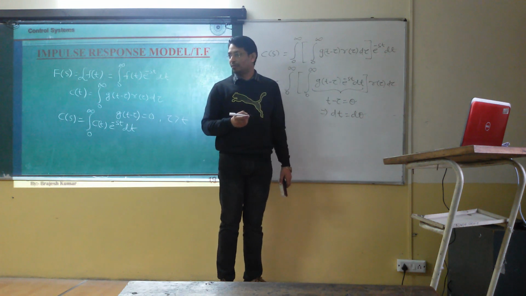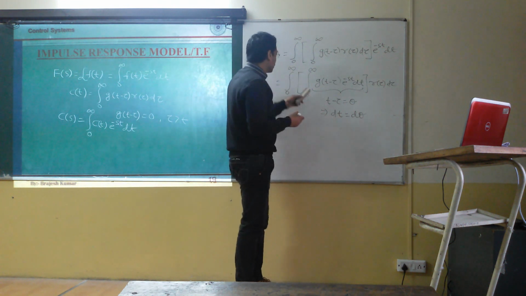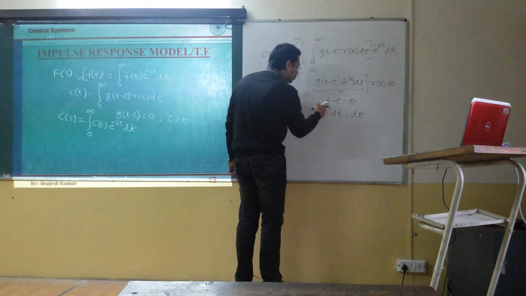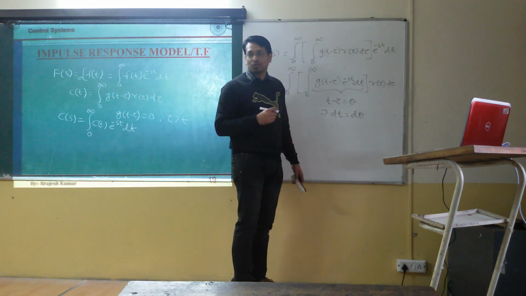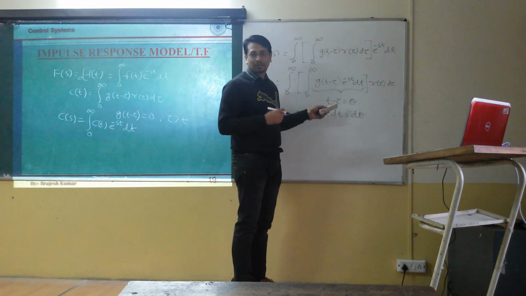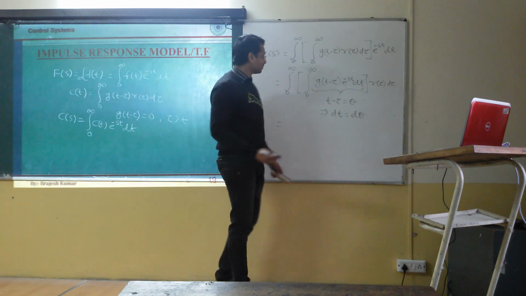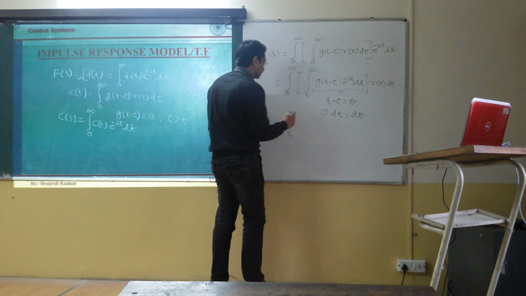This change in variable of integration you might have studied in your class 12. Now I am going to change this limit. At t equal to 0, theta will be equal to minus tau. At t equal to infinity, infinity minus tau is equal to infinity. So again 0 to infinity.